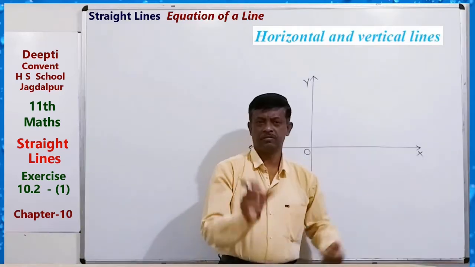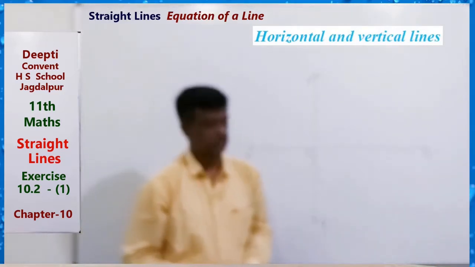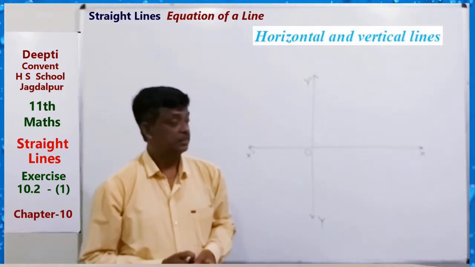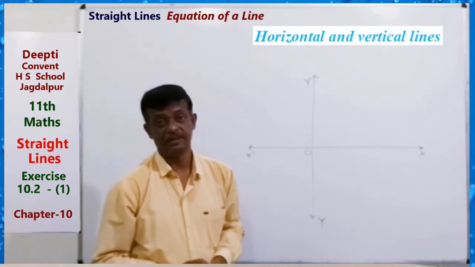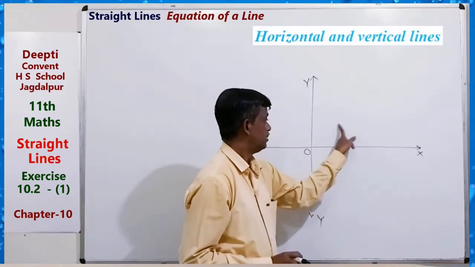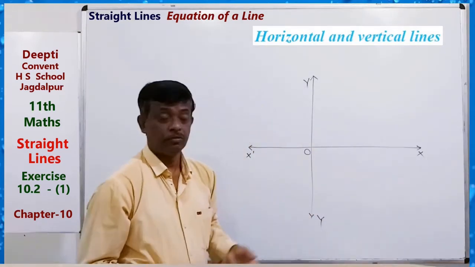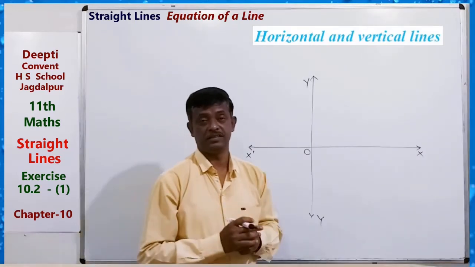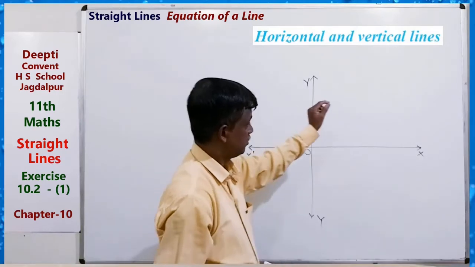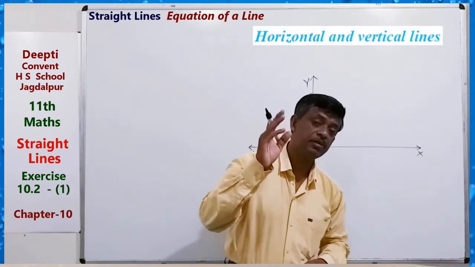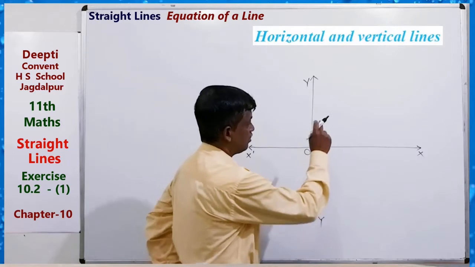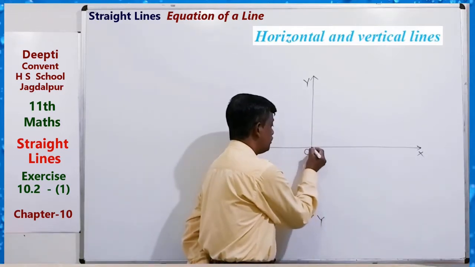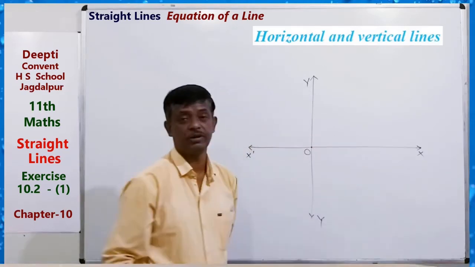Any point has coordinates x, y. So for finding the equation of a line, first is the horizontal and vertical line, where we always use a frame like this, x-axis and y-axis.